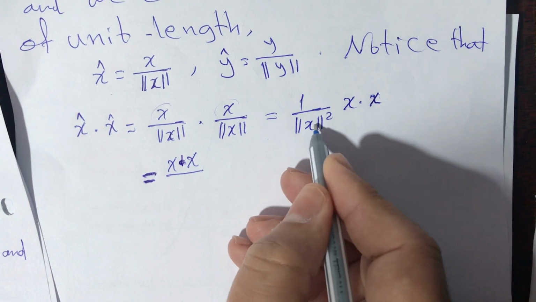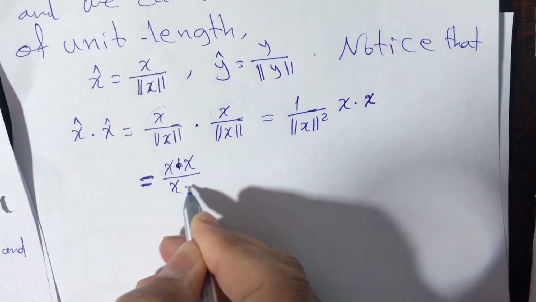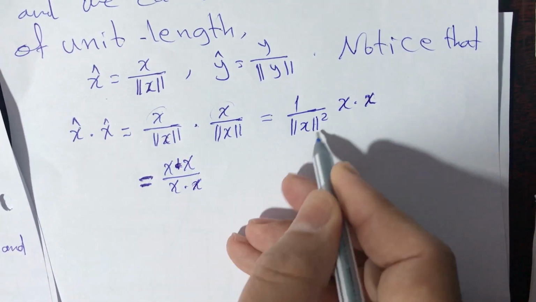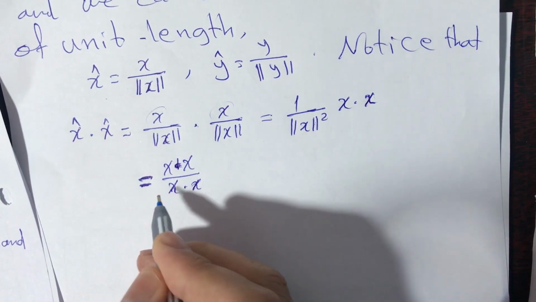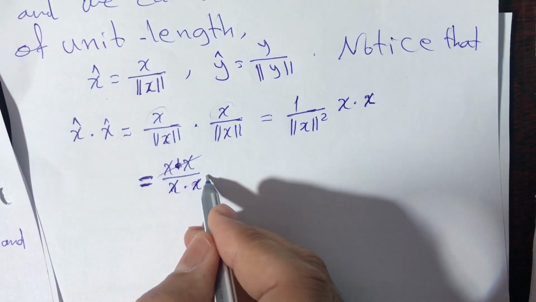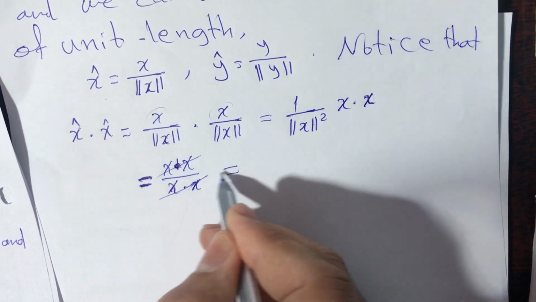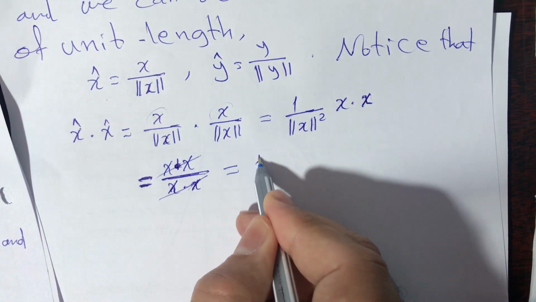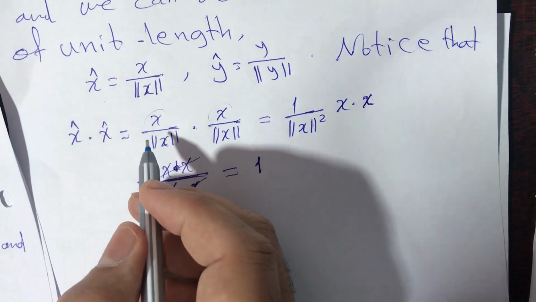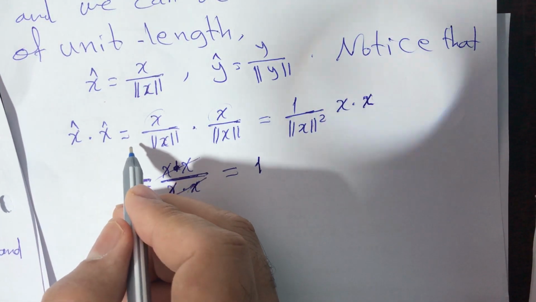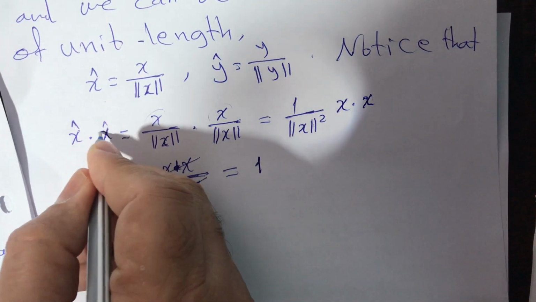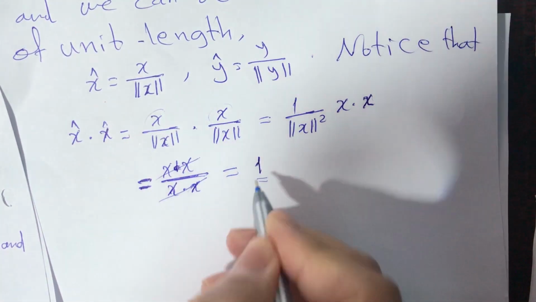So put x dot x in place of this, and now we can abbreviate it, so this gets equal to 1. So x hat dot x hat equals 1.